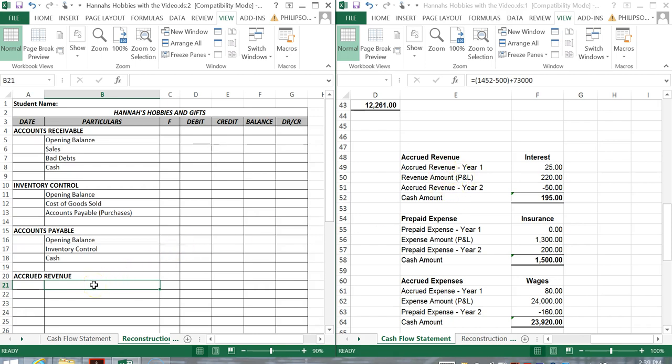We want accrued revenue 1. Cash figure that we want, accrued revenue, F2, arrow to the end, save some typing, and then profit and loss.